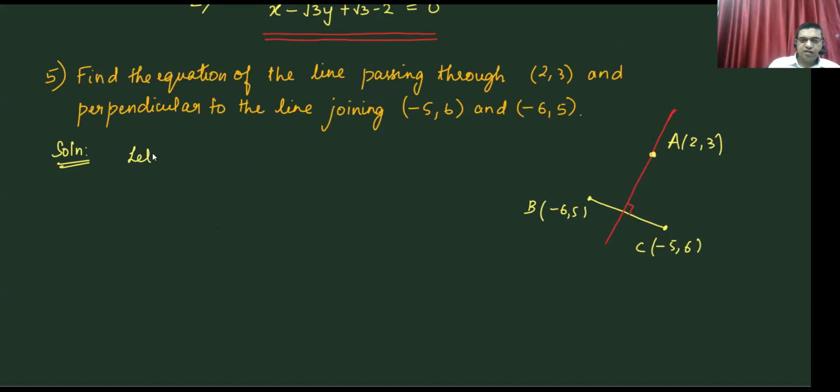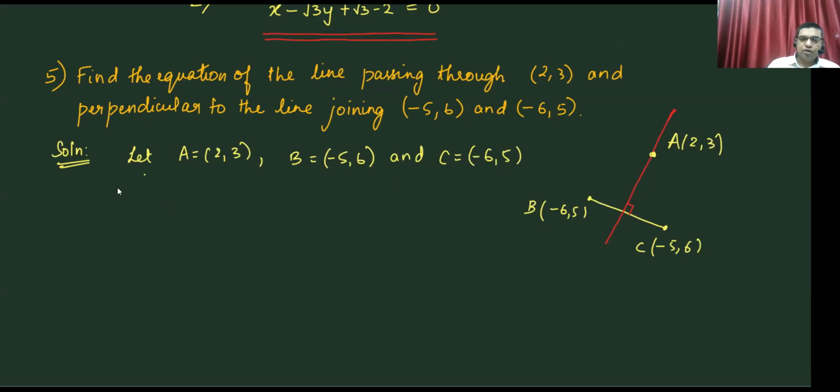So let A be equal to 2 comma 3, B be equal to minus 5 comma 6, and C be equal to minus 6 comma 5.